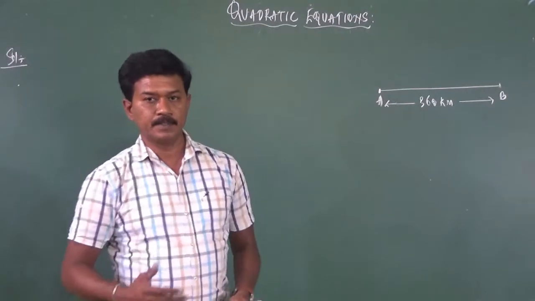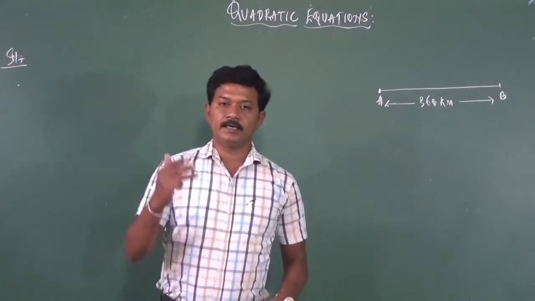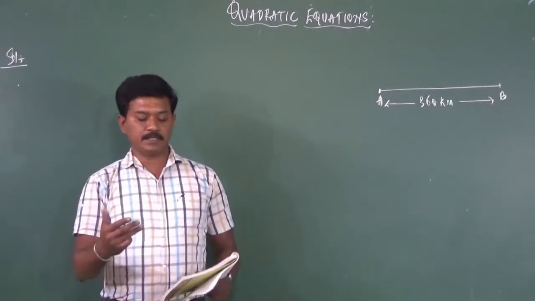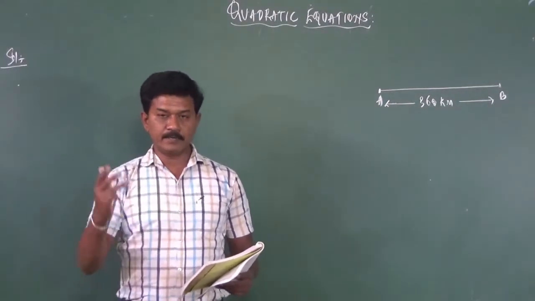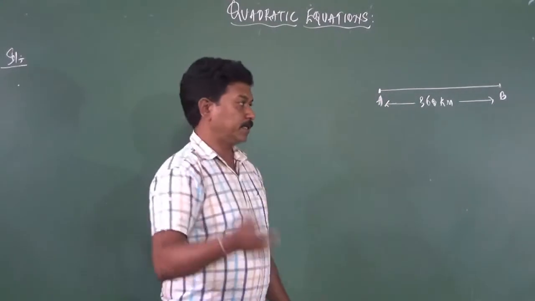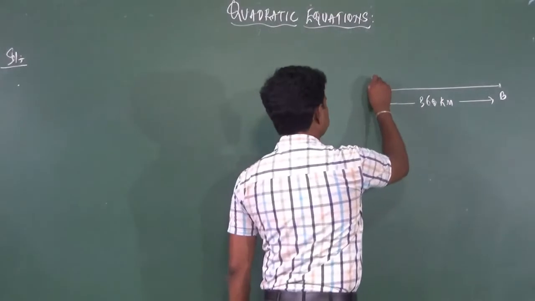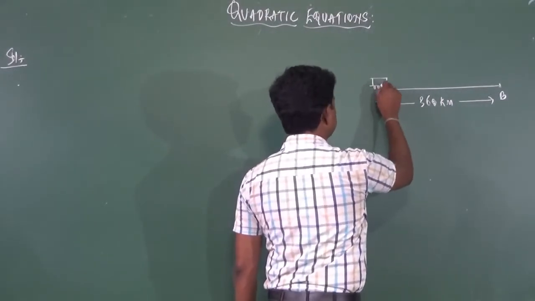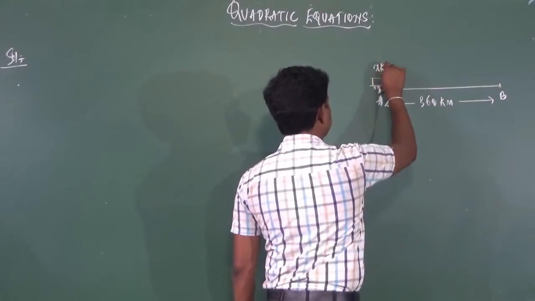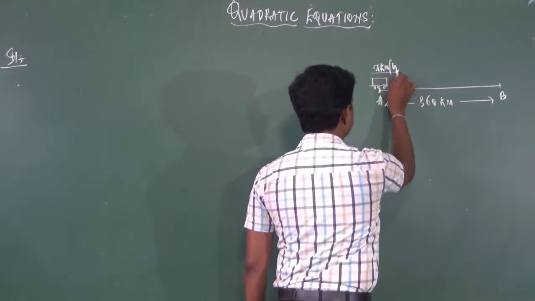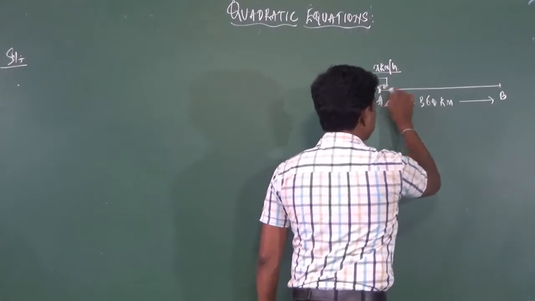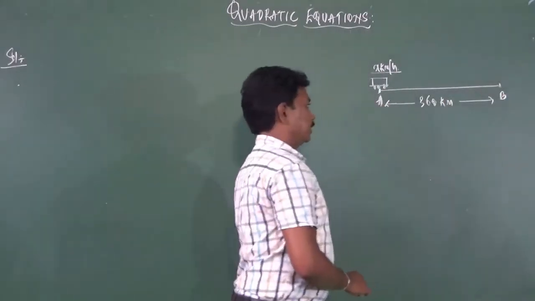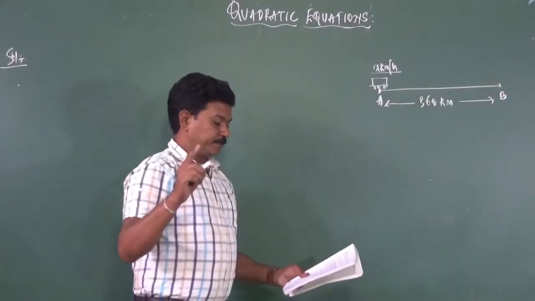Usually the train is traveling at a normal speed, x km per hour, covering a distance of 360 kilometers. So let the speed of the train, which is starting from A, be x kilometer per hour. Every day the train is going at x kilometer per hour, covering a distance of 360 kilometers.